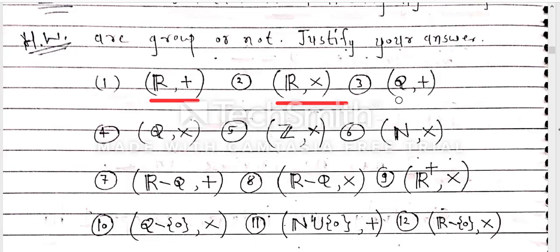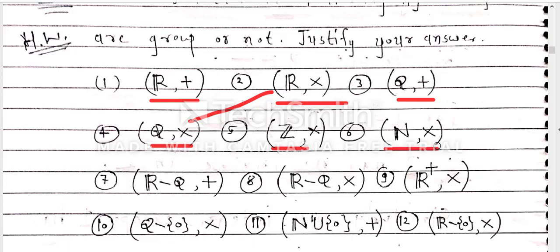Same argument here as we did for Z with addition: this is going to be a group. This is similar to this one. Which element has no inverse? Obviously 0 has no inverse in Q with respect to the multiplication operation. This we already discussed. What about the set of natural numbers with the multiplication operation?